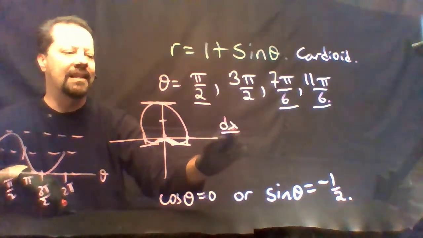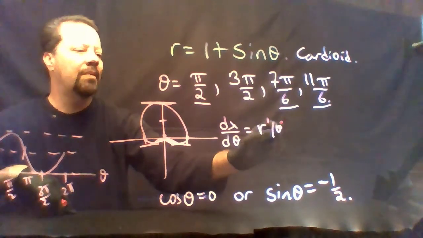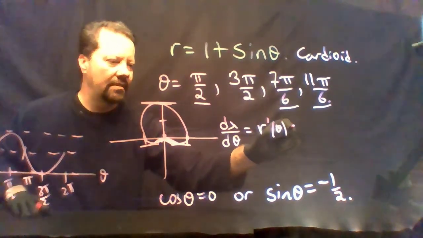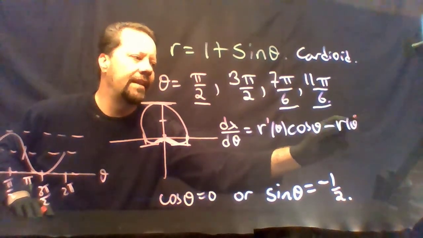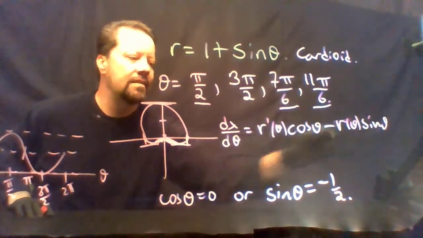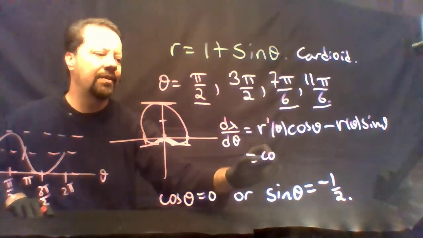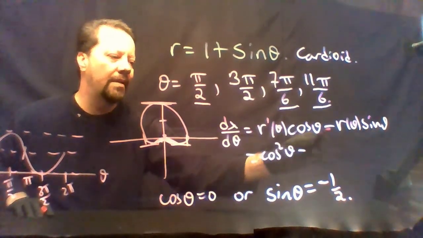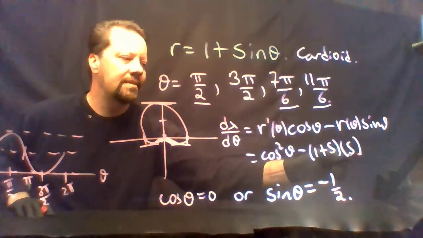Let's calculate dx d theta, which we know to be r prime of theta cosine theta minus r of theta sine theta. Remember, r prime is cosine, so we'll have cosine squared theta minus r, which is 1 plus sine, times sine.